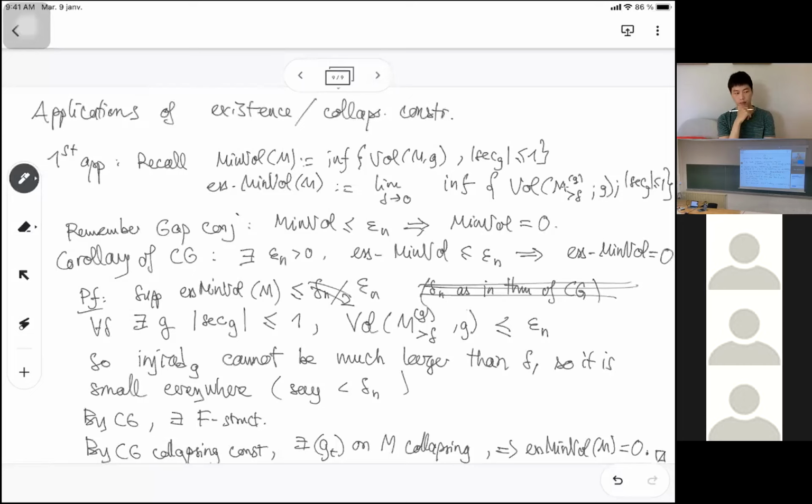And for other values of S min vol and min vol, it's, I think, almost completely mysterious. So we do not have even a vague good idea of what the possible values of min vol or S min vol could be in real life. So the first day I told you about the simplicial volume, which is this topological quantity.